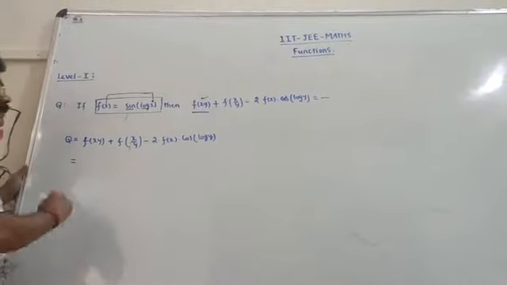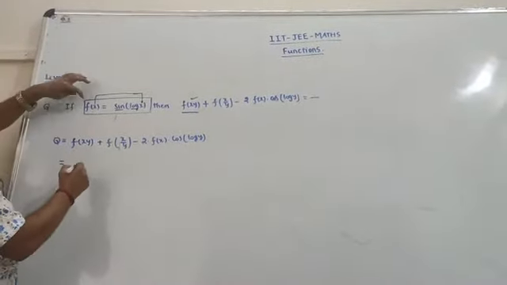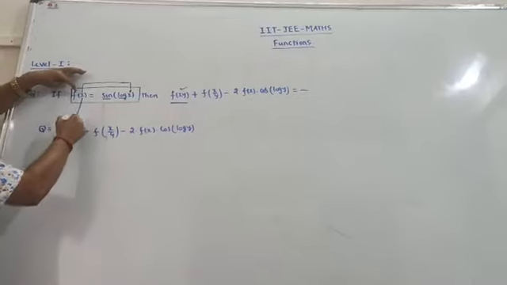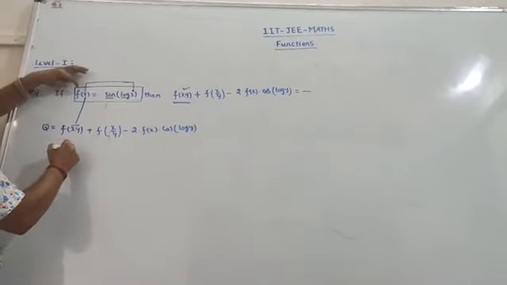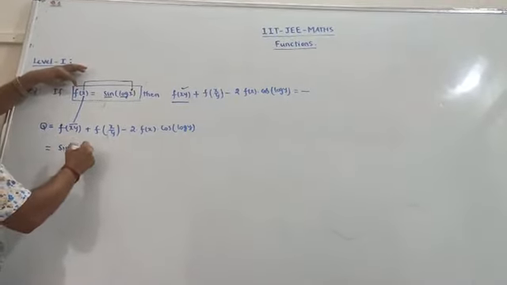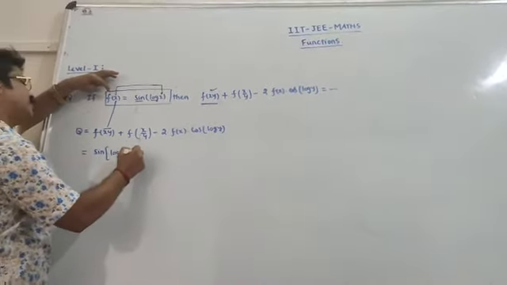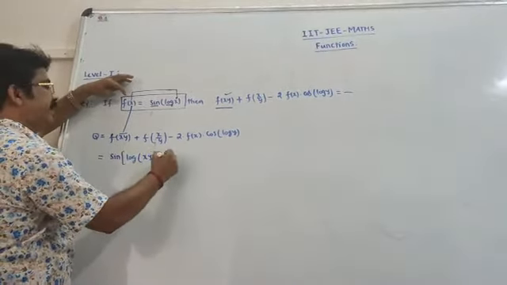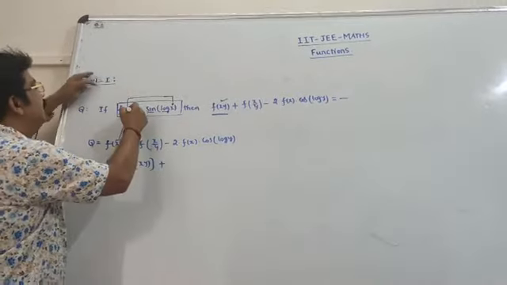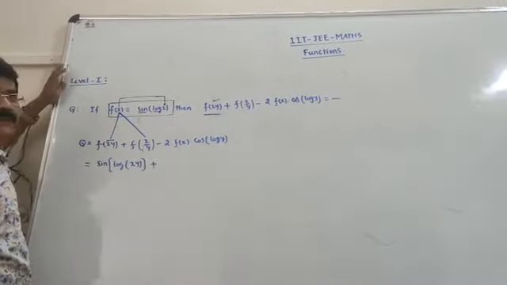So that is equal to f of xy, which means instead of x write xy. So the structure is the same, sine of log of xy. Okay. Next plus f of x by y, instead of x write x by y.